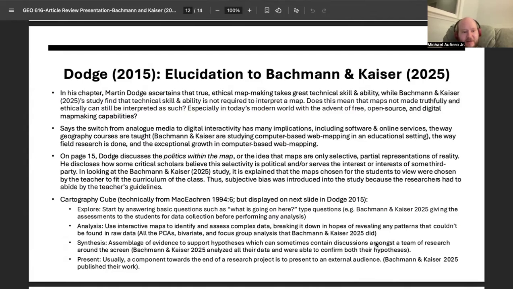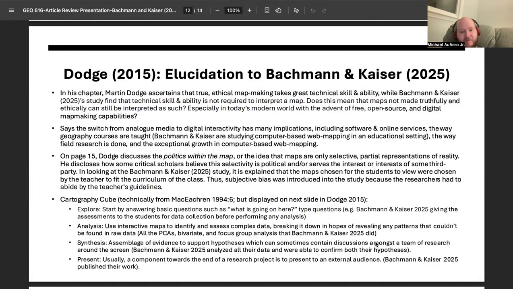So basically, there's subjectivity in every map. There's a bias that exists. There's a human bias that exists in every map because every map is created by a human. So there's politics within the map. There's a third party interest.